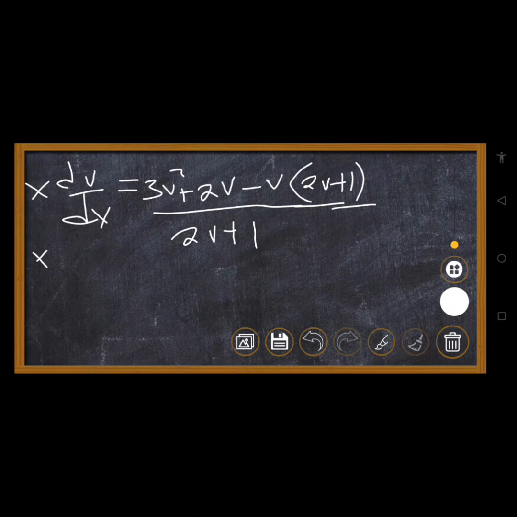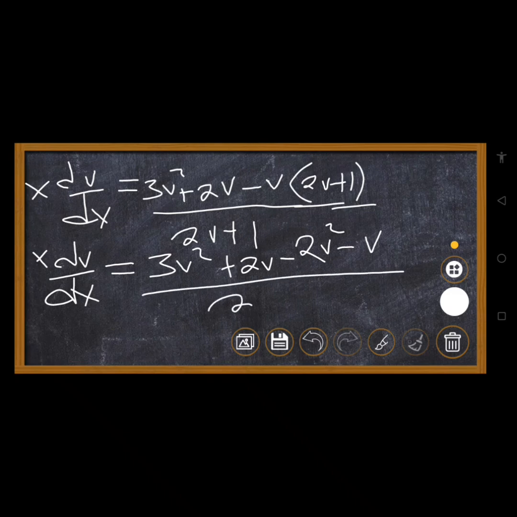We have x dv over dx equals 3v squared plus 2v. Now when you multiply v with 2v, we have 2v squared, and then negative v times 1, we have negative v, over 2v plus 1.